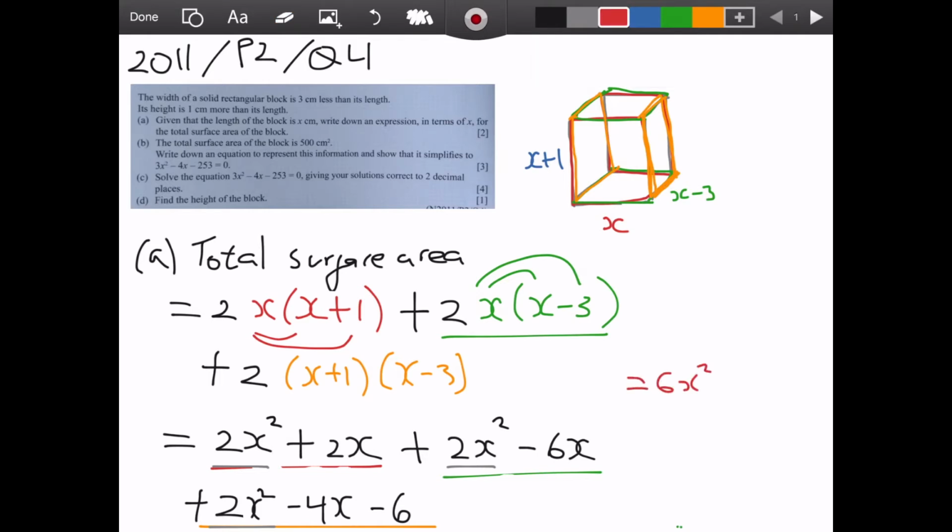6x squared. And then you have 2x minus 6x is minus 4x, minus 4x minus 4x is minus 8x. And then you also have the last one, minus 6.